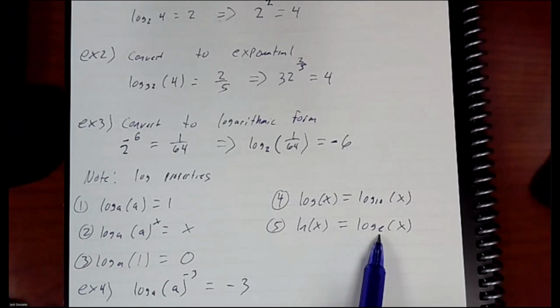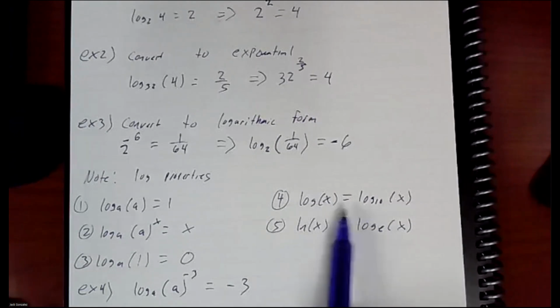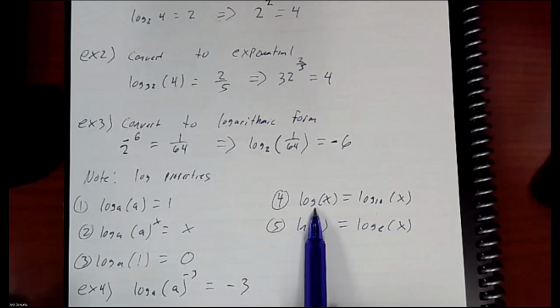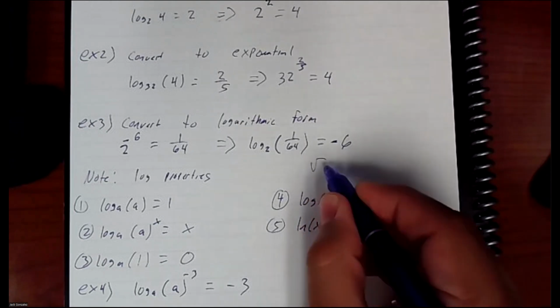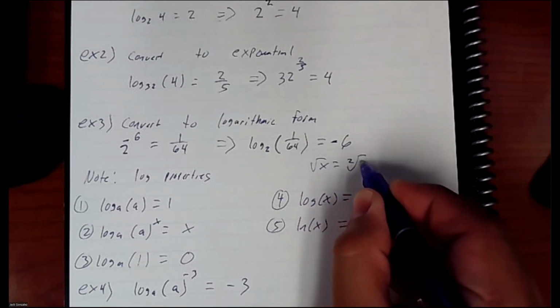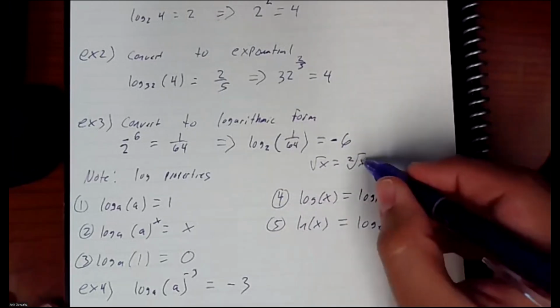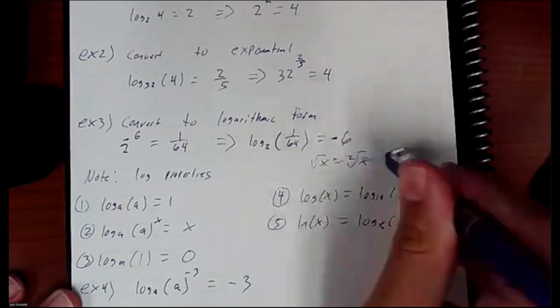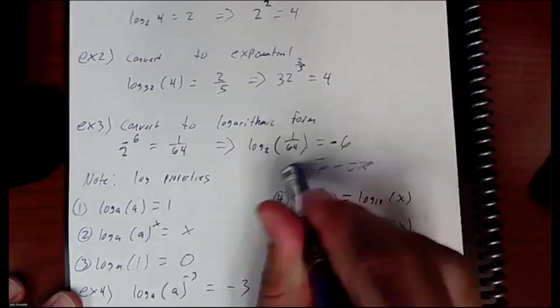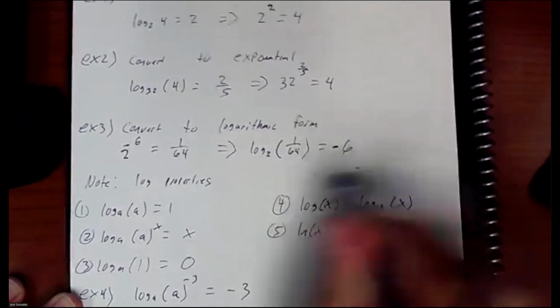Nobody writes this because it's weird. Everybody writes it this way. Nobody writes the 10 because it's a common log. It's like square root. Nobody writes the 2. They just put the square root symbol. We all know that this means root 2, but nobody writes that because it's weird. Anyway, back to the question.